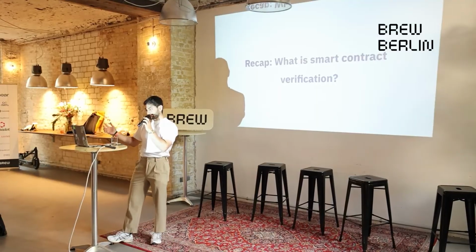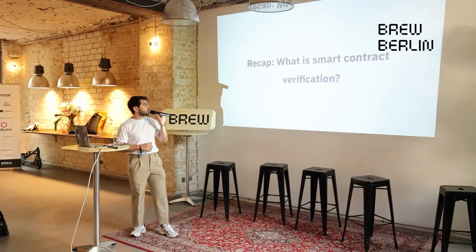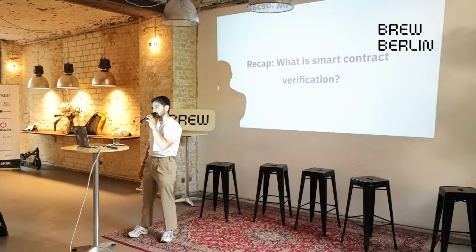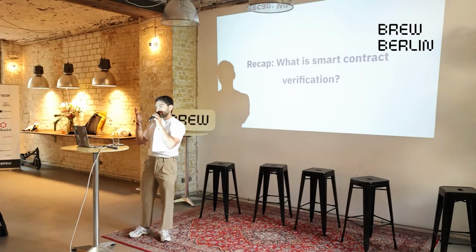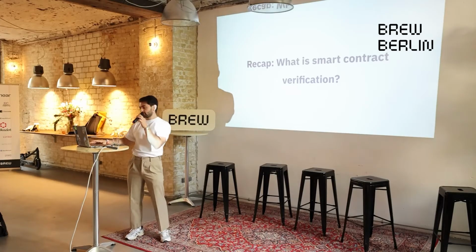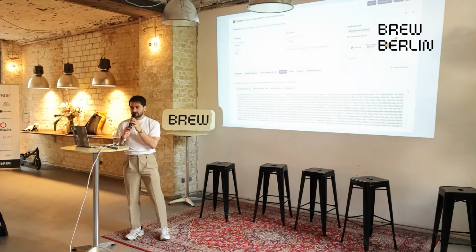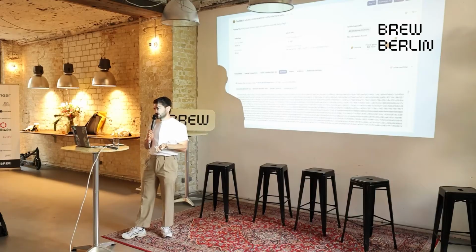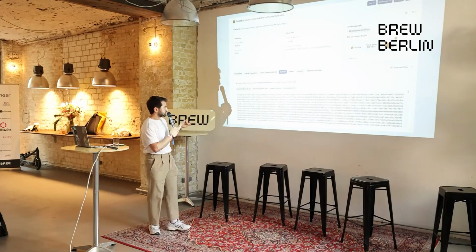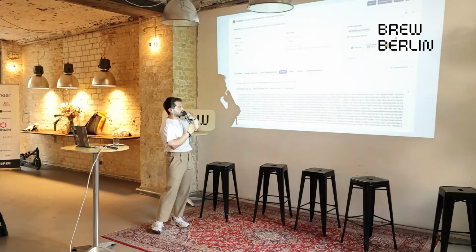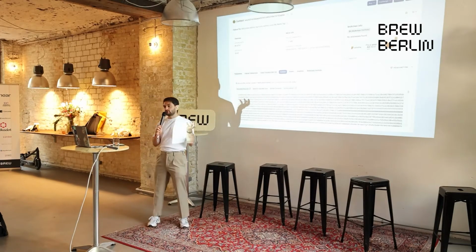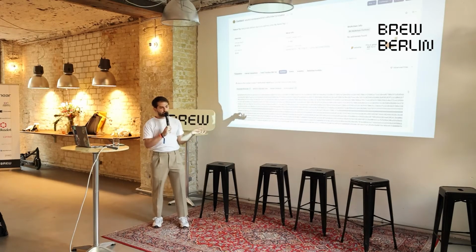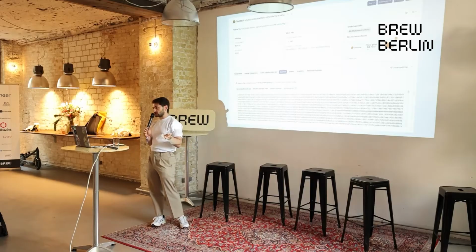But before that, let's have a recap of what smart contract verification is, what we're actually trying to do, and why it even exists. The very reason smart contract verification exists is because, again, it's a slide from Etherscan, but what I want to emphasize is this part: a contract on blockchain lives as bytecode. When you deploy a contract, it's ones and zeros.